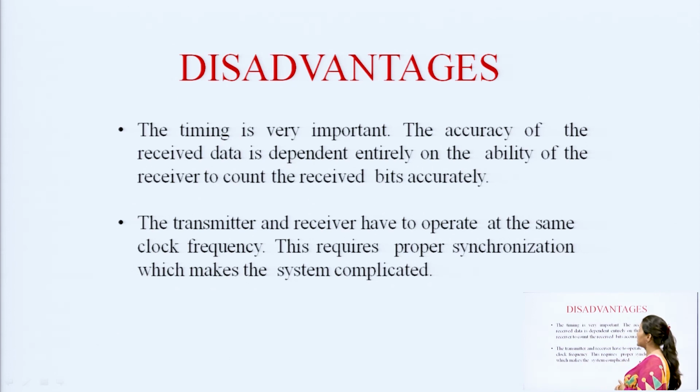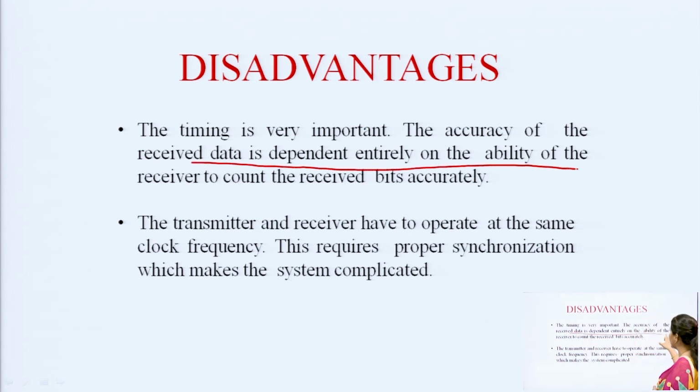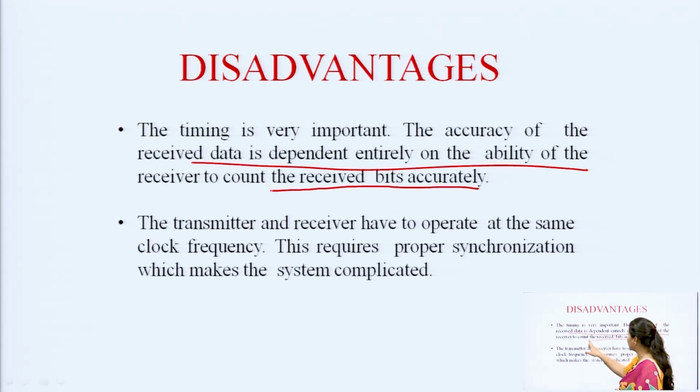When we talk about disadvantages, timing is very important. Accuracy of the received data is dependent entirely on the ability of the receiver to count the received bits accurately. So, this is very important. The receiver should be able to receive the bits and count them very precisely.